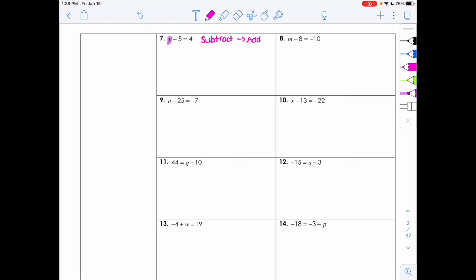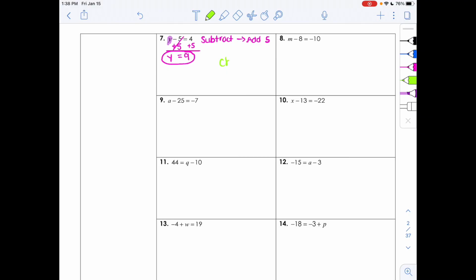And for this problem, we want to add 5 because 5 is the number that's tied to our variable. So we're going to add 5 to both sides. Bring down your variable. Negative 5 plus 5 is 0, so remember we just mark it out. Equals 4 plus 5 is 9. So we get that y equals 9.